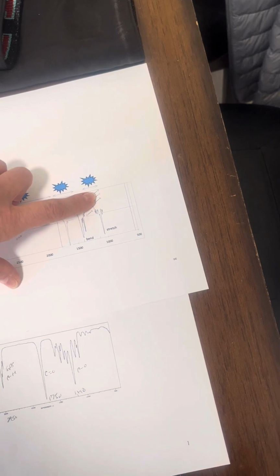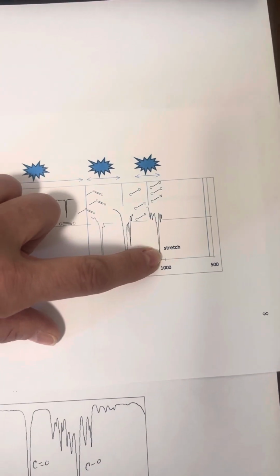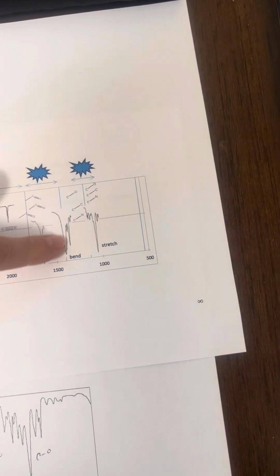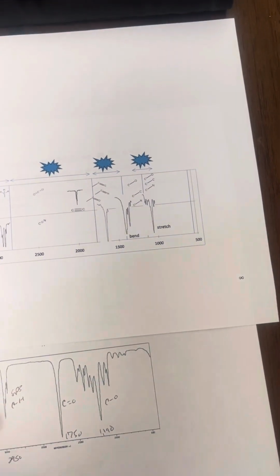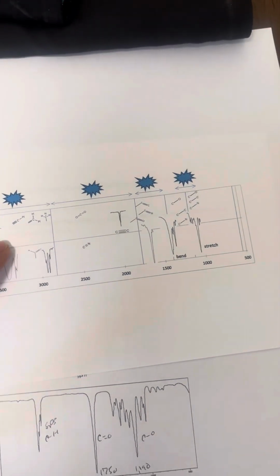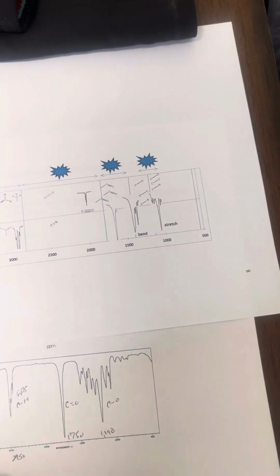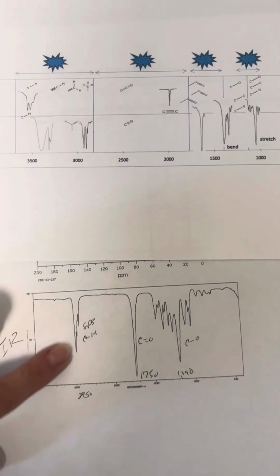So C bonded to an oxygen has a stretch right around 1115, depending on what it is. For our C bonded to an H, right around 2950, we have one right there.